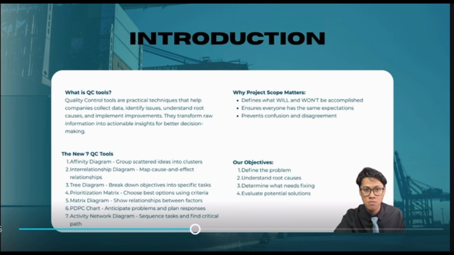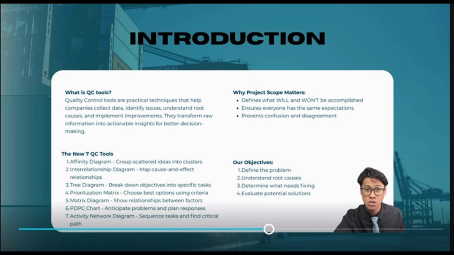Fifth, the matrix diagram, which reveals the relationship between multiple factors. Sixth, the PDPC chart. This anticipates potential problems and helps us plan responses in advance. And finally, the activity network diagram, which sequences tasks and identifies the critical path to project completion. These tools work together as an integrated system to tackle complex quality challenges.